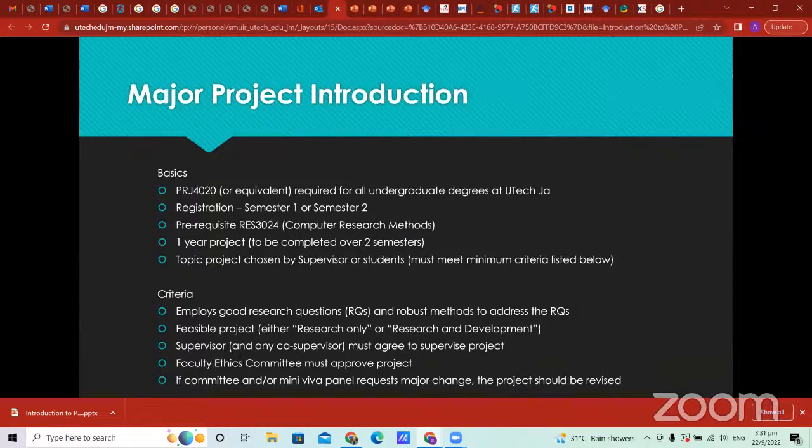If you take last academic year, there were several groups that did not pass the major project final viva and actually did it a second time. And there was at least one group that did not pass the second final viva. I should explain what that is.